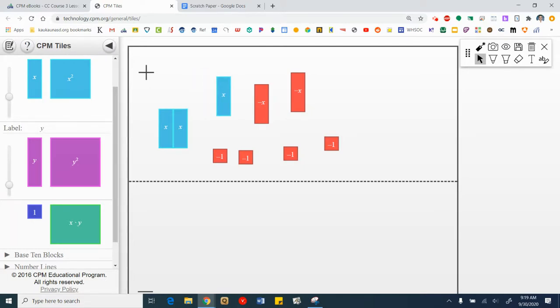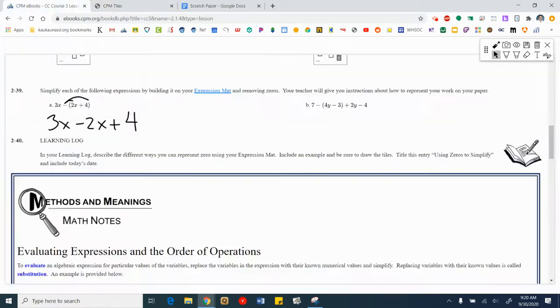I can flip everything from the negative region into the positive region, and when I flip them, I have to change the signs from positive to negative, and then I can make my pairs. X and negative x cancel out. What is left over? I have an x and a minus 4.